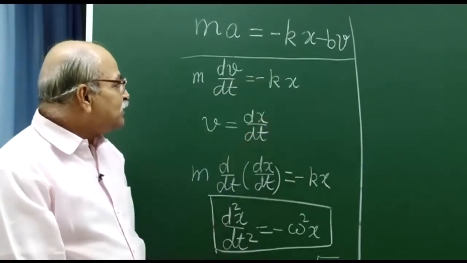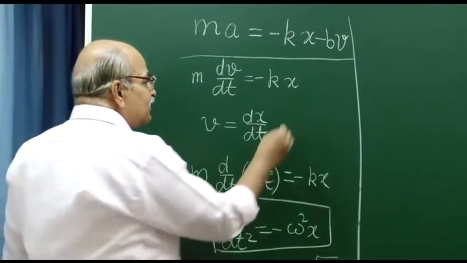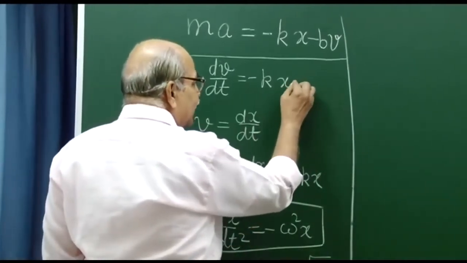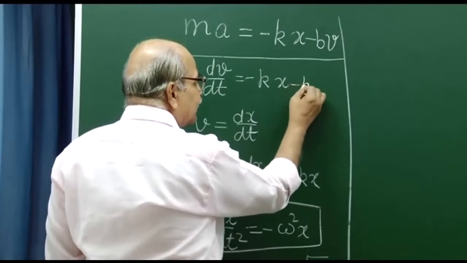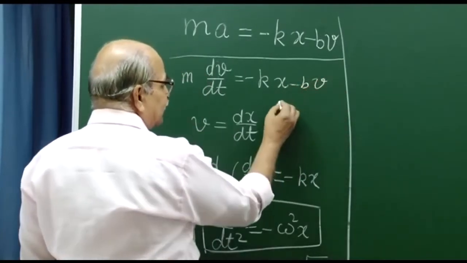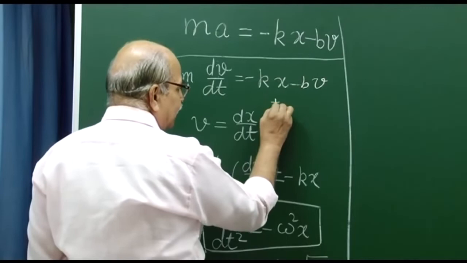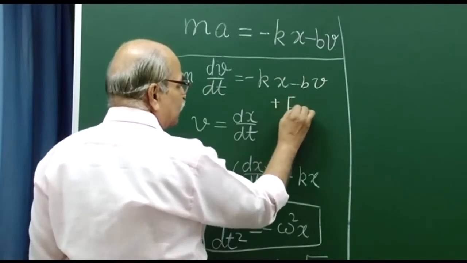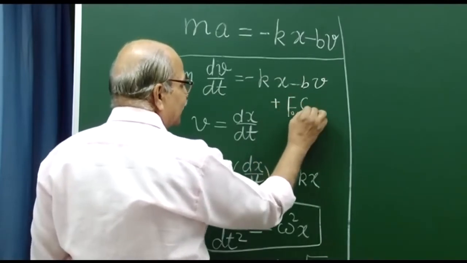Then you have this damping force, and together with that we are also adding an external force, and that external force you can write as plus some, let us say, f naught cos omega t.